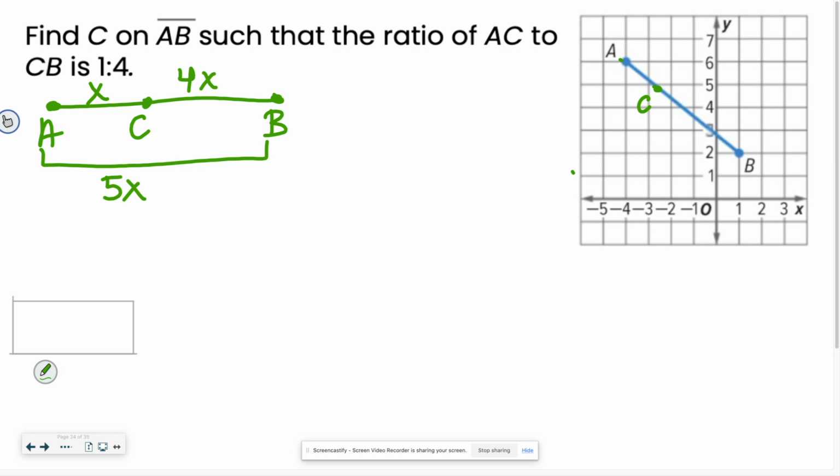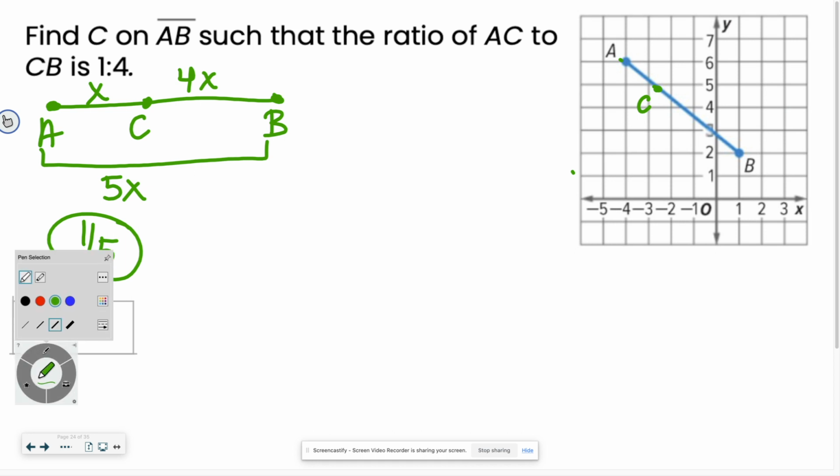So really, how far of the way is C from A? 1x, but 1 what? 1/5. It's 1/5 of the way. So now it's the same problem that you had before, but you're finding 1/5 of the distance.